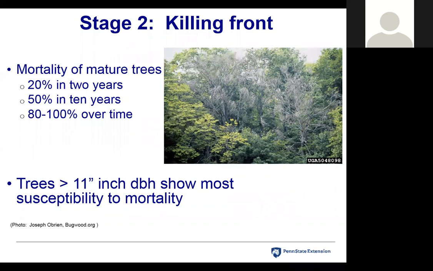Those of you in the more northern states are familiar with this. It has been going on for a very long time. During this initial killing front, the major trees susceptible to mortality are the overstory trees, estimated at around 11 inches, a bit of a threshold between trees that will eventually succumb and those that linger on.